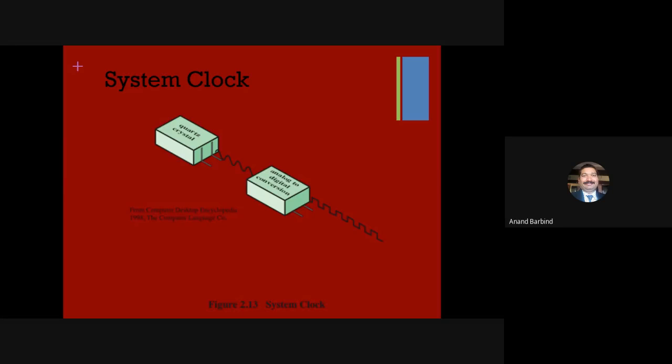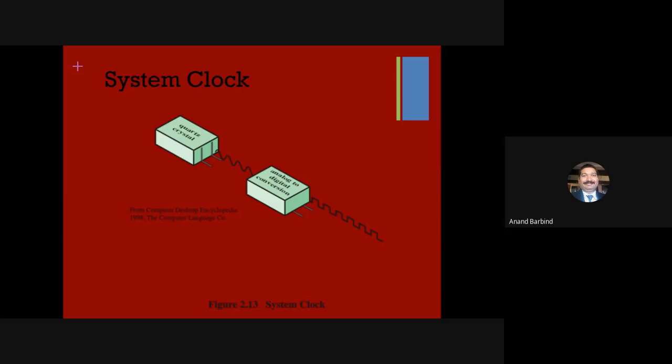If the clock frequency is lower, the speed of operation of that processor is lower. If the speed of the system clock given to it is higher, then the speed of operation of that processor is higher. So one of the most basic points is what clock you have given to that processor, and that determines the speed of operations.